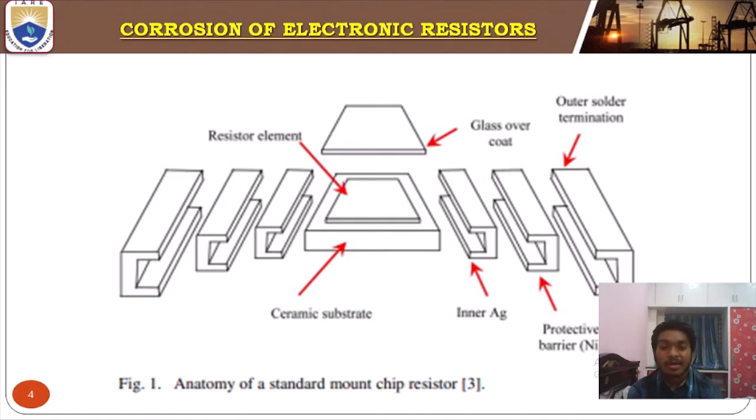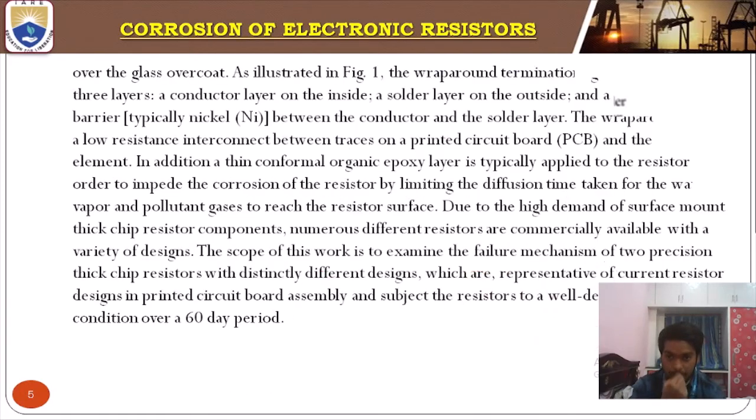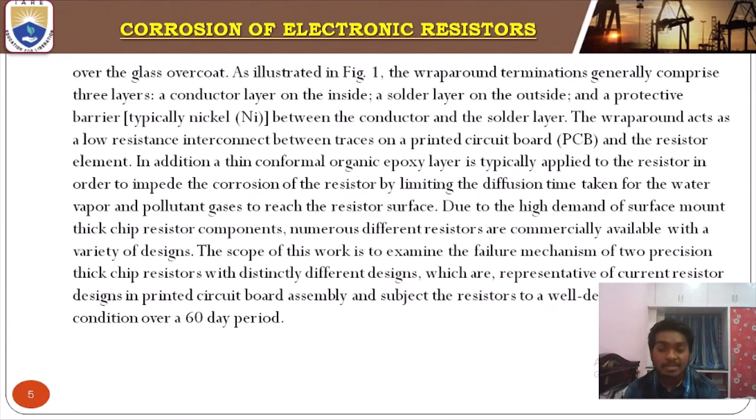The elements in the inner layer are the resistor element, ceramic substrate, and silver coating. The resistor element is covered by the ceramic substrate, then by the silver coating, and then by the glass overcoat. The protective layer covers the inner layer; nickel-like elements act as a protective barrier, and the outer layer is the outer solder termination. The polymer layer is over the glass overcoat.